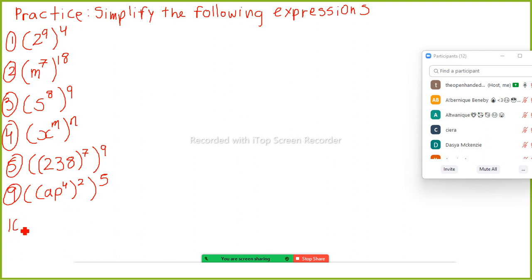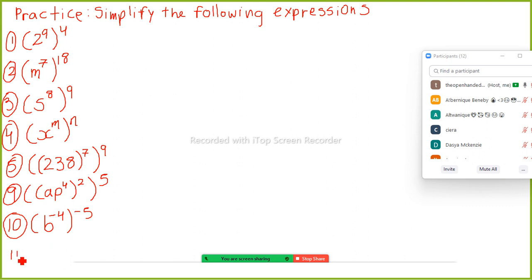Number 10, b to the negative 4th power, to the negative 5th.